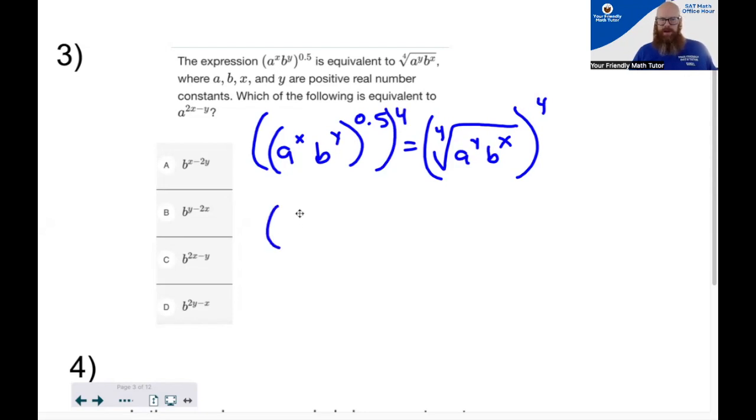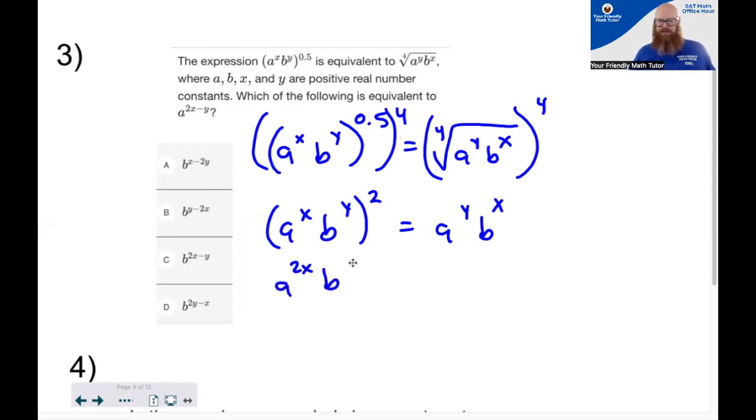So that means I'm going to have a to the x, b to the y, and 0.5 times 4 is 2. And then I'm just going to have a to the y, b to the x. And then I'm going to get a to the 2x, b to the 2y equals a to the y, b to the x. So those things I think are logically our first couple steps.